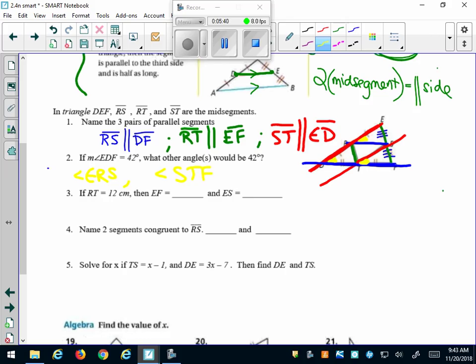It's not corresponding now. Sydney. Good. RST right here. Because what kind of angles are those? Those are alternate interior. Yeah, sort of see the Z there. Okay, so RST.